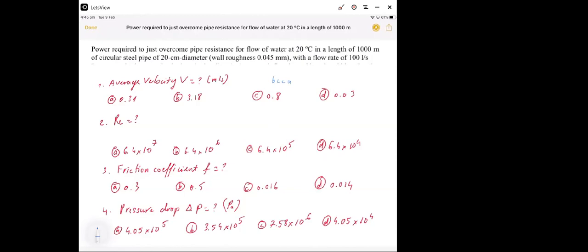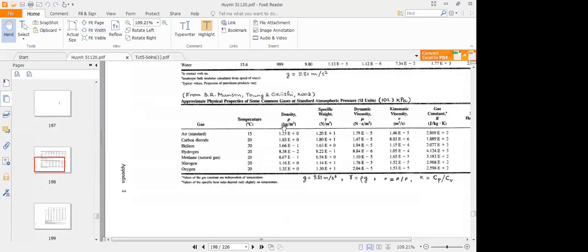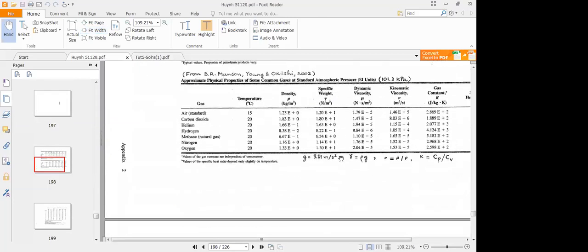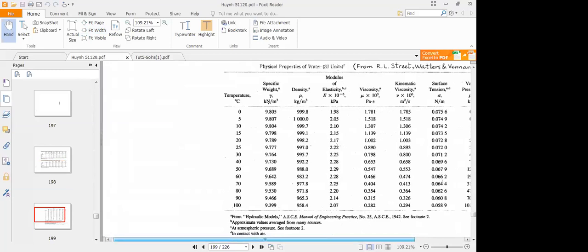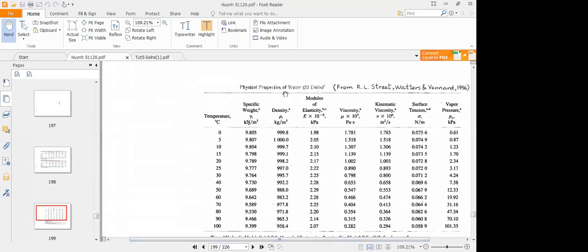Here you have water at 20 Celsius, the physical properties of water based on temperature. You have the density here. You have the viscosity at 1.002 and minus 3. Okay, density you can use 1000.